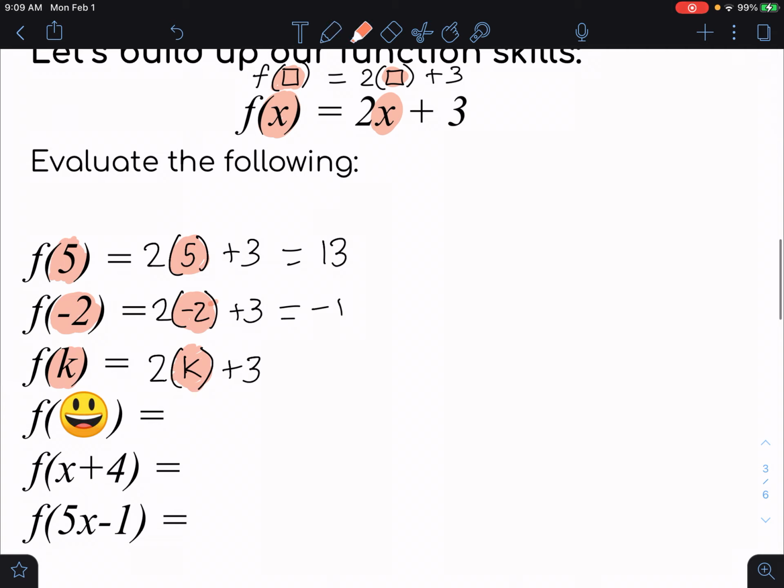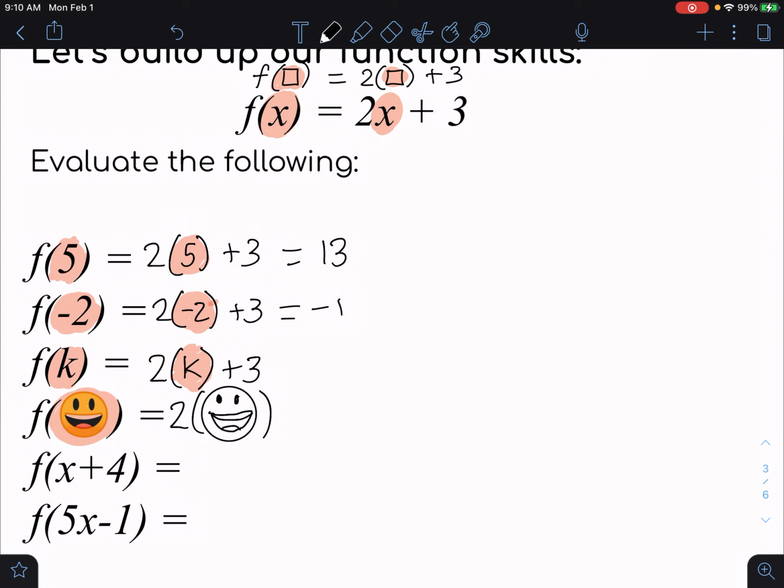What if we put in a happy face? I'm going to use red just as continuing the theme, right? Well, again, the function rule is saying take 2 times whatever you plug in and add 3. So it's 2 times the happy face. I'm going to do my best job here at drawing that happy face. That's pretty good. No?